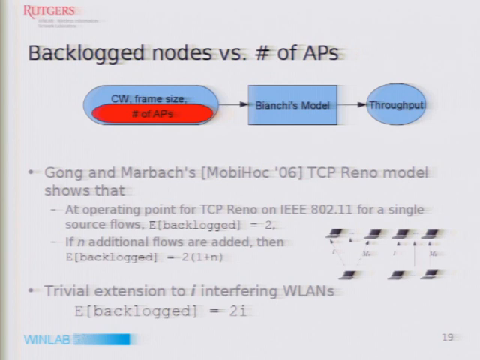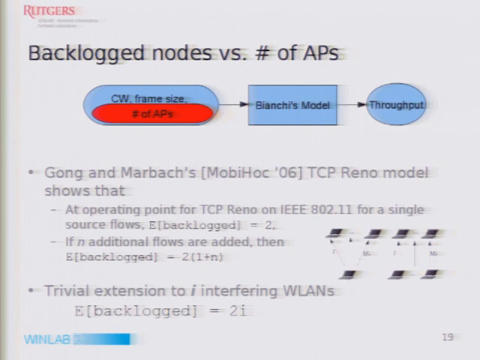I'll tell you from the intuition front how you can see that, but in their due diligence, looking at the Markov chain, they were actually able to come up with that 2 as well. And if you were to add single-flow, single-source, single-destination TCP flows to that, your expected backlogged stations would be this initial 2 plus 2n.